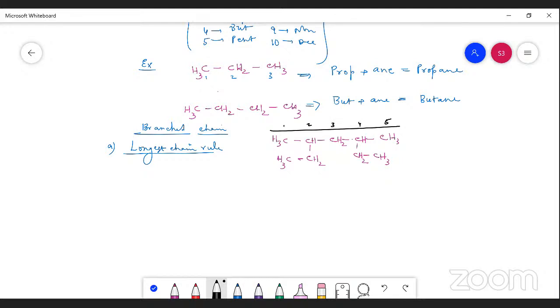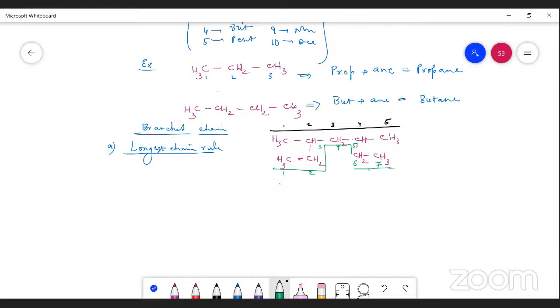Only 5 are there. But if you take this one, how many carbons are there? 1, 2, 3, 4, 5, 6 carbons are there. But 1 second, there was a mistake. 5, 6, 7 carbons are there.